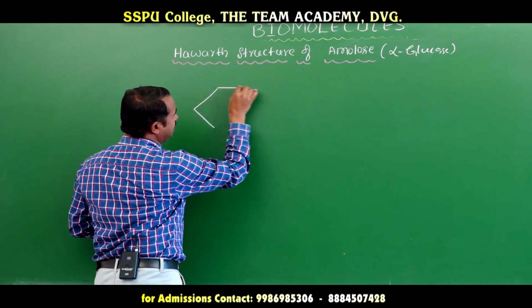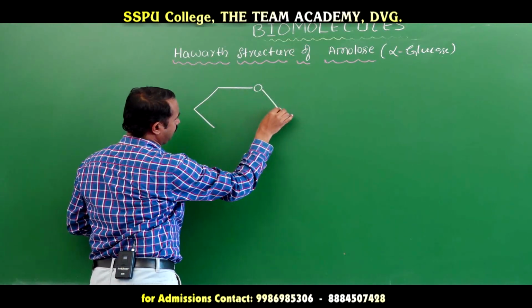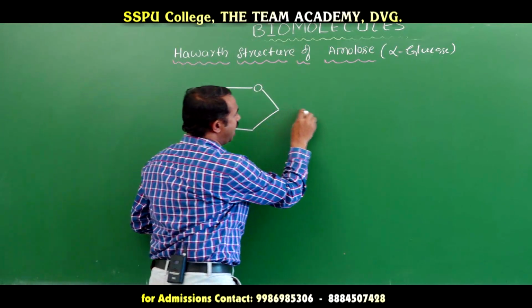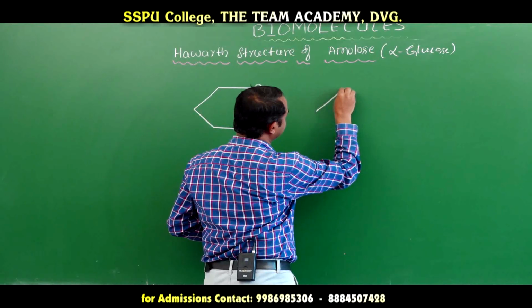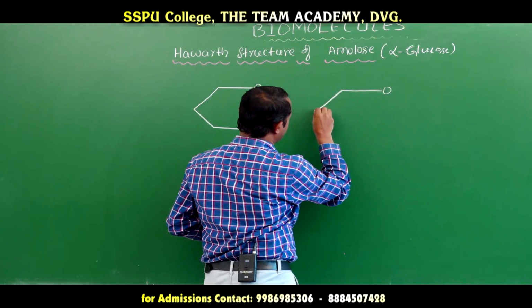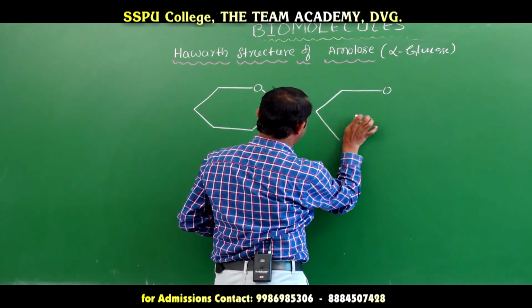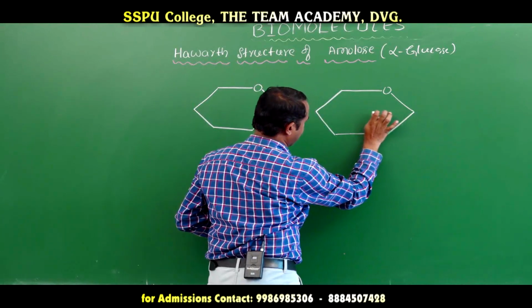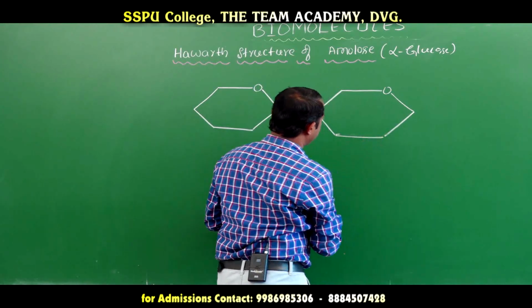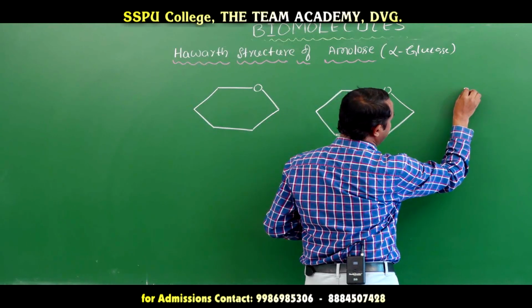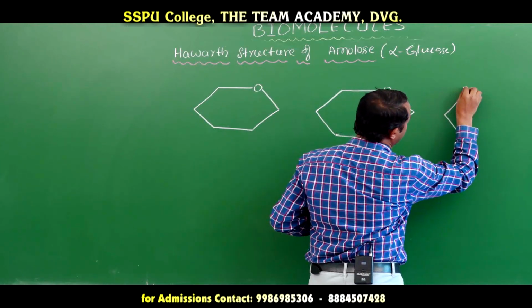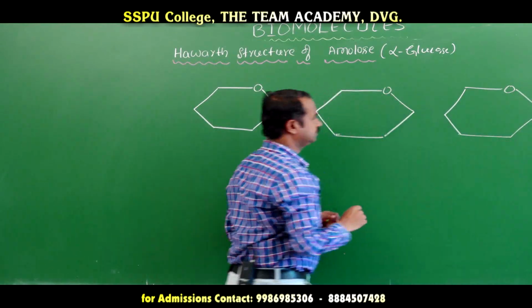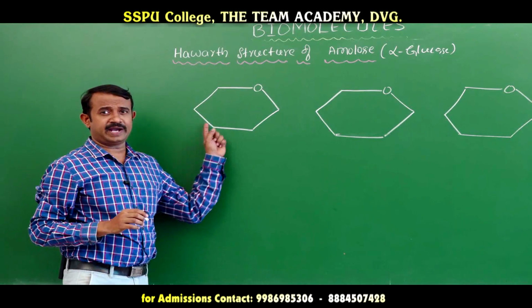You can write one alpha glucose unit here, another alpha glucose unit here, and another here. All of it is a pyranose structure.